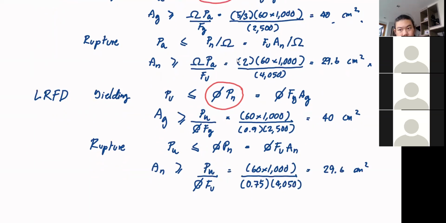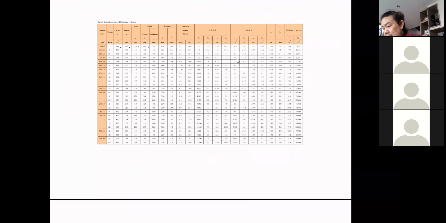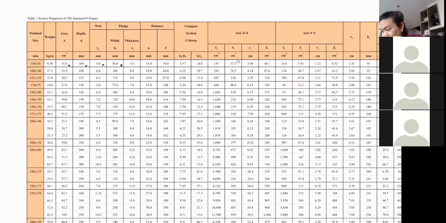So this is the preliminary concept step. Now we can say, okay, we are going to try a section that has a cross-sectional area of more than 40 square centimeters. What you can do as an engineer is go to the steel design table and look at the area.